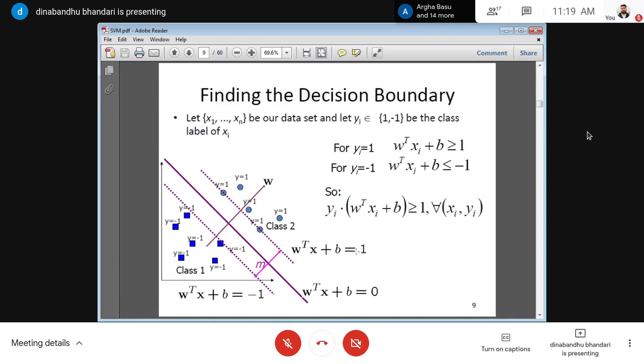So how can we represent this boundary of this circle class and boundary of this rectangular class as W transpose X plus B equal to 1 and W transpose X plus B equal to minus 1? I'll stop this one and explain from my presentation, my notes.